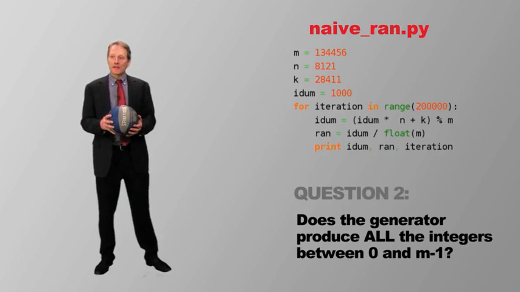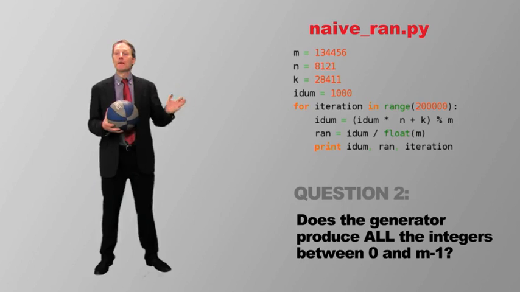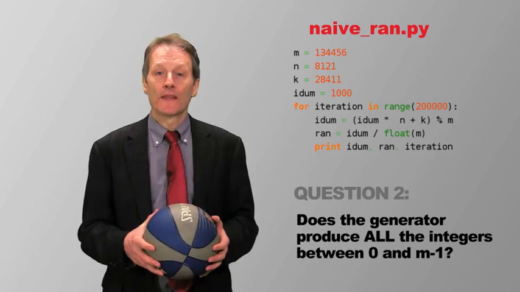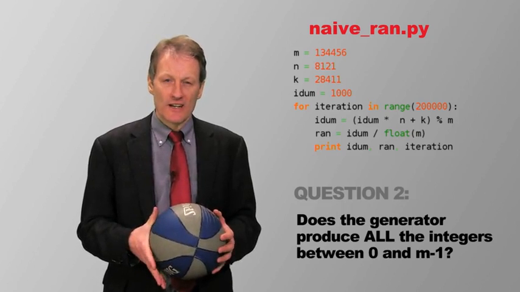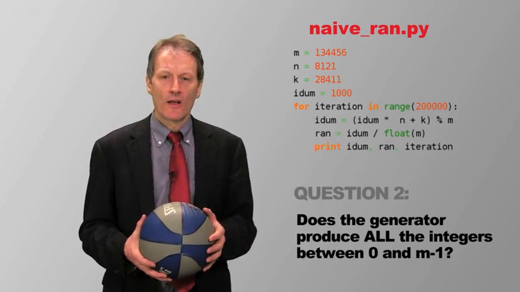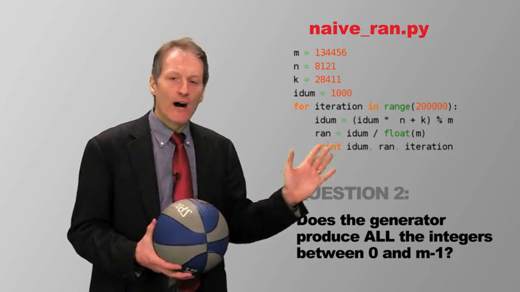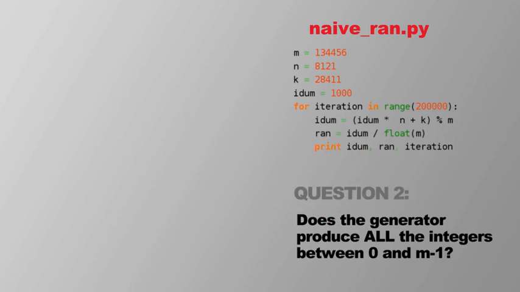We have understood that the integers idem are between 0 and m minus 1. Does the generator generate all the numbers between 0 and m minus 1? Or does it leave out a few of them? Are there holes?